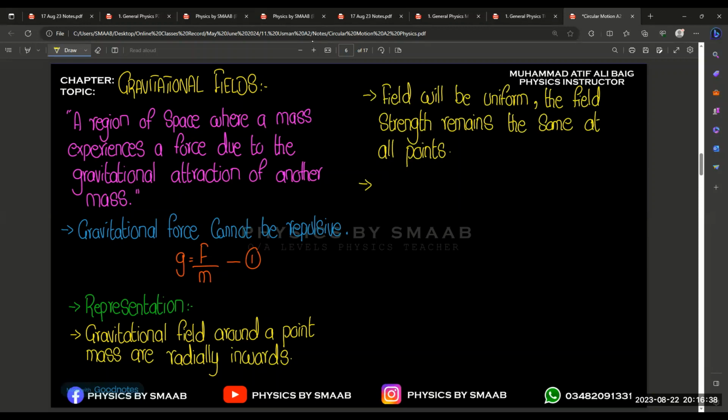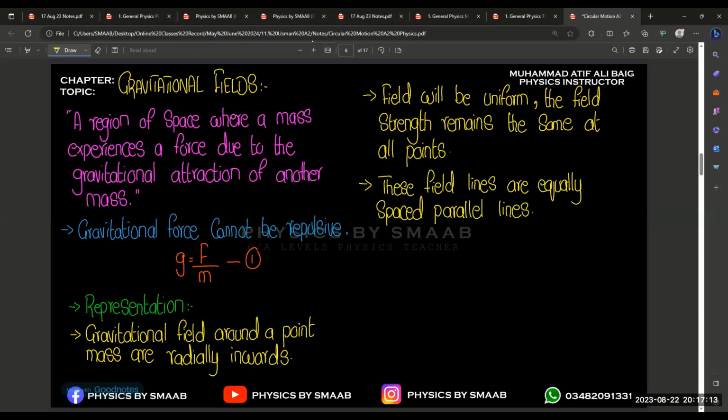And the third point is that these field lines are equally spaced parallel lines. Parallel lines means that they will never intersect each other, right?